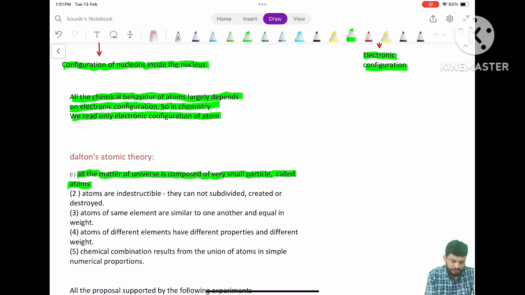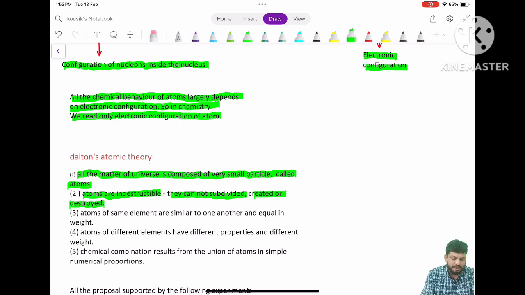The second point is atoms are indestructible. That is, we cannot divide or subdivide the atoms into 2, 3 or more parts. They cannot be subdivided, created or destroyed.